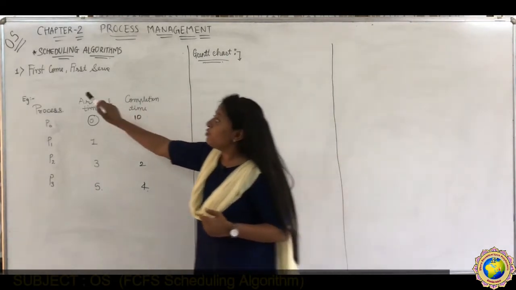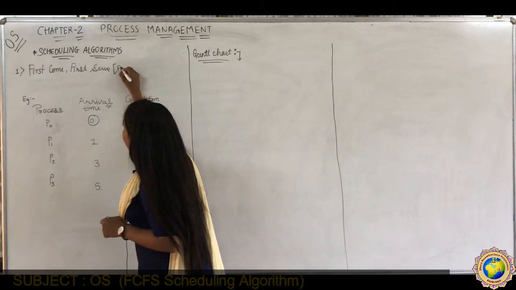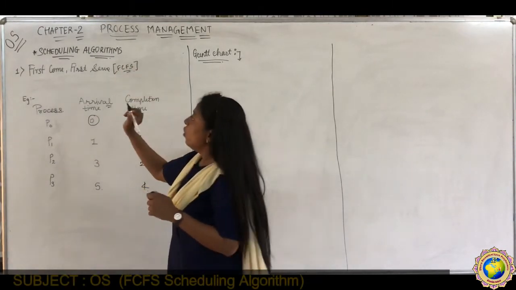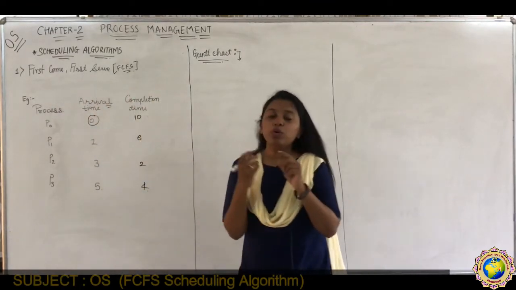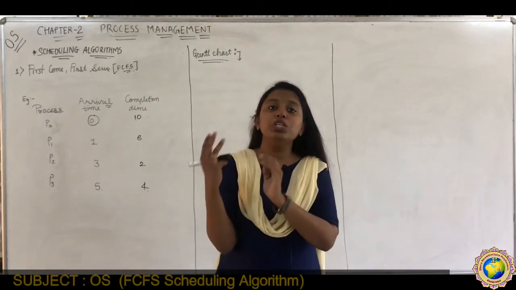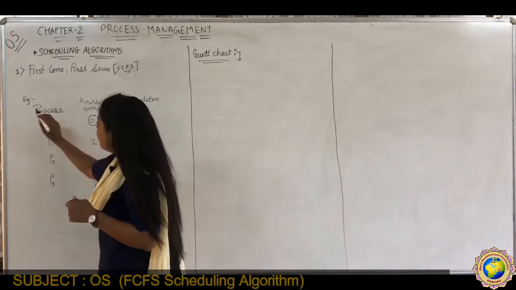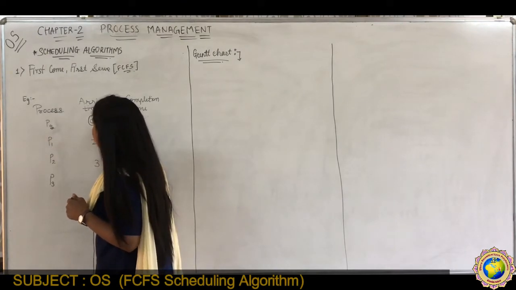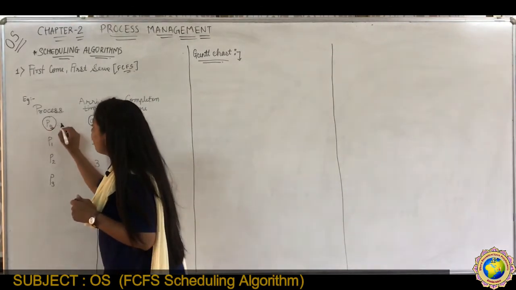Today we are going to learn about the scheduling algorithms. First is first come first serve, called FCFS. In FCFS, the process that comes first will be scheduled first on the CPU. For example, process P0 comes first at arrival time 0, so P0 takes place first.